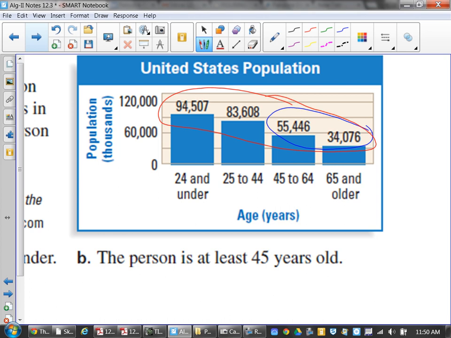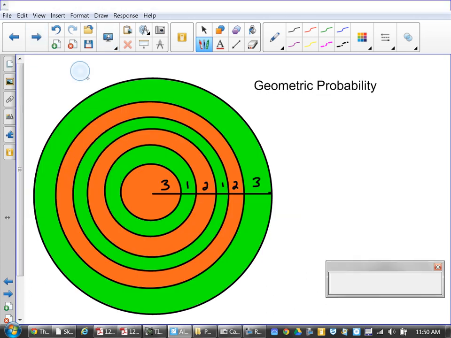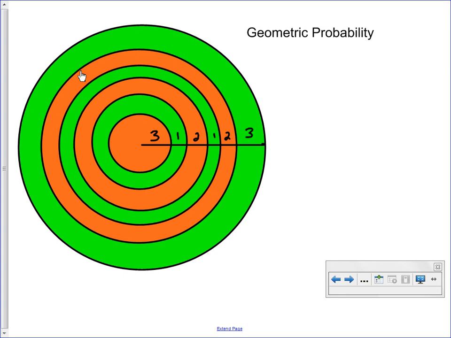But I do want to spend some time reminding you guys of a little something from geometry called geometric probabilities. When you're dealing with geometric probability, you're working with areas, which means you have to remember how to work with areas.